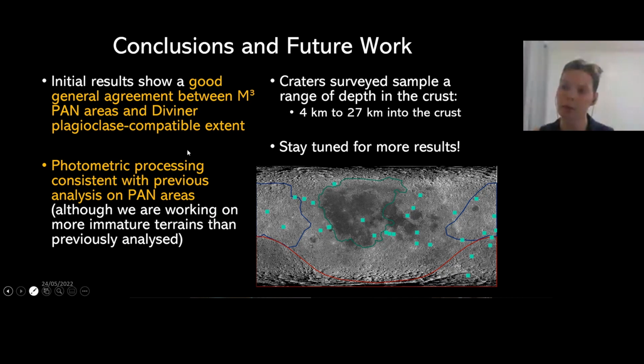The crater isn't super large, so it should be crustal material. And the spectra are beautiful. It's one of the most pristine plagioclase spectra that you will find on the lunar surface.